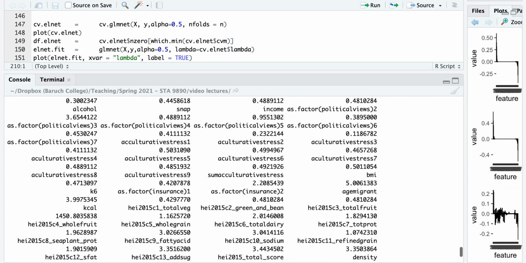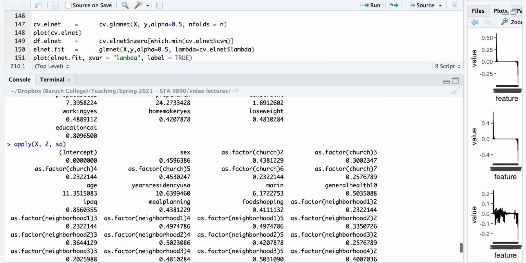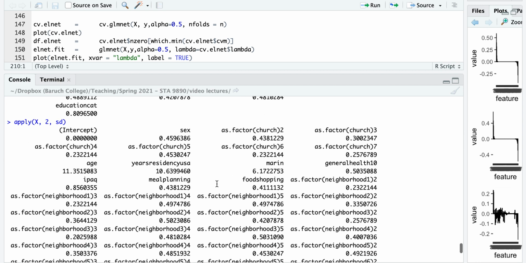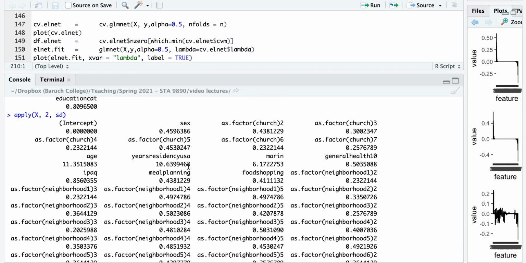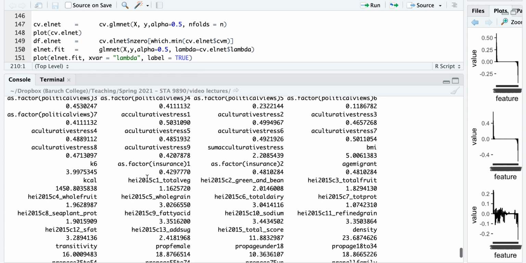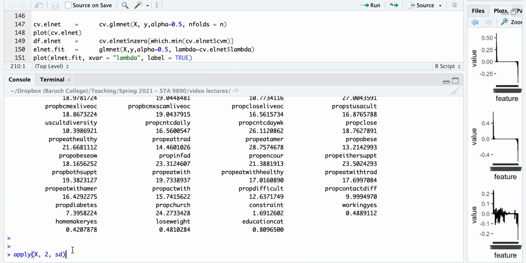Okay, so you see, obviously for the intercept the standard deviation is 0, gender is 0.5, church, years of residence. So you see this 10 versus 0.2 have totally different scales. So what we do is we just save these.